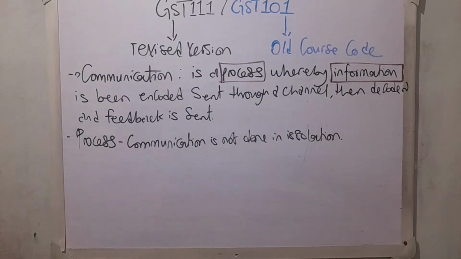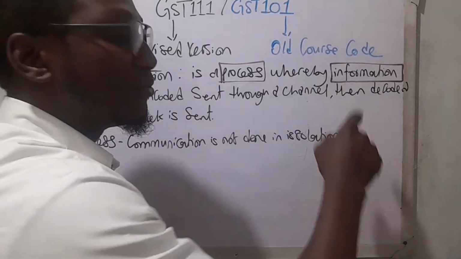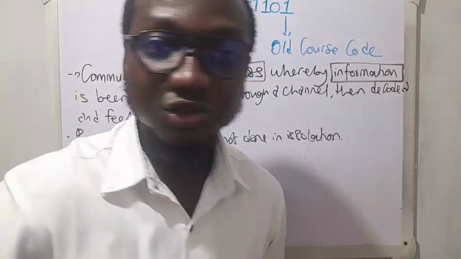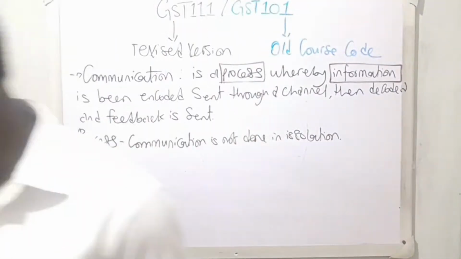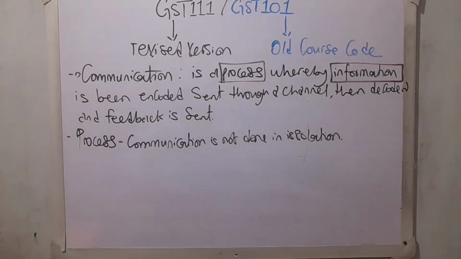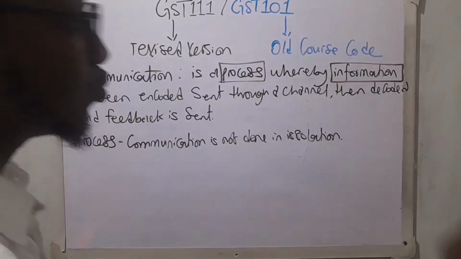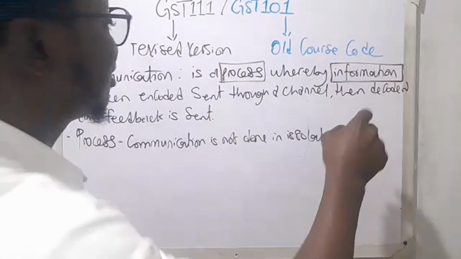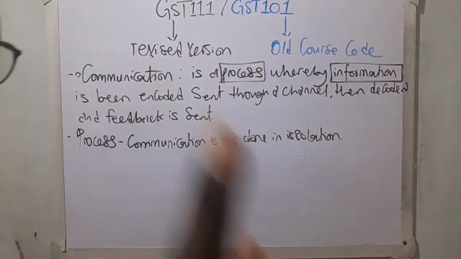And communication is not limited to information alone. But we usually use information because information is more like an umbrella name for every other thing. Under this definition, communication could be instruction.